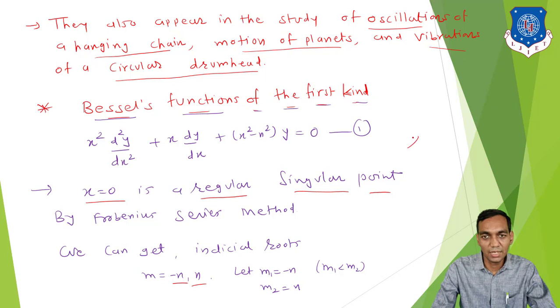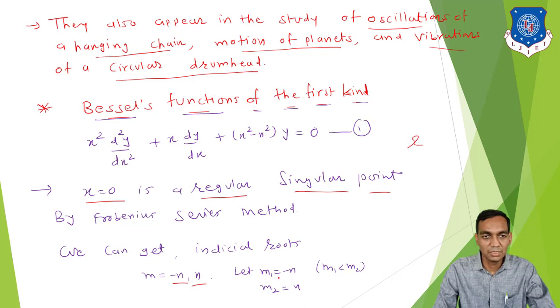Here, instead of r, we have written m. So two roots are there of the indicial equation, and we call them m1 and m2, where the smaller one is m1 and the larger one is m2.